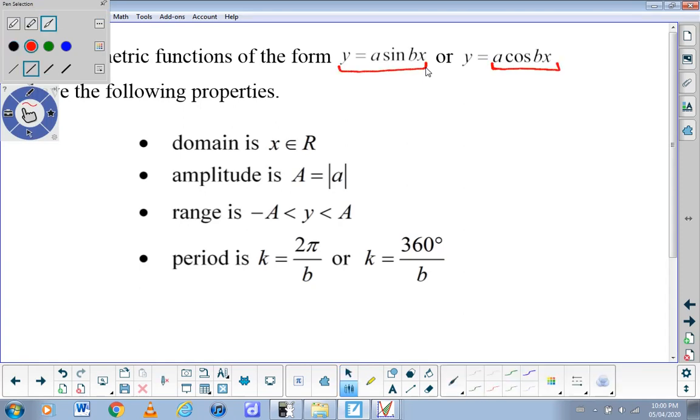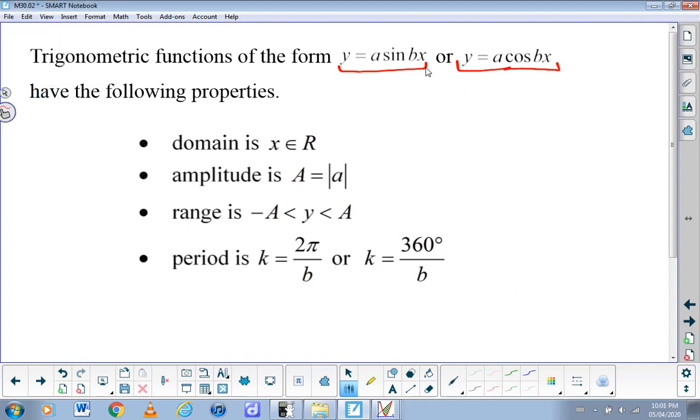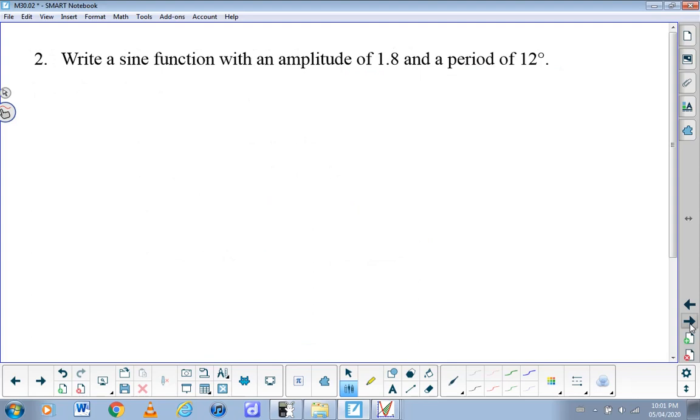The range is the negative of the amplitude up to the positive of the amplitude, and there is a typing mistake here. I don't know if it's in your handout as well or not. We should definitely have "or equal to" on these. And the period is always 2 pi over b if you're dealing with radians, or 360 over b if you're dealing with degrees.